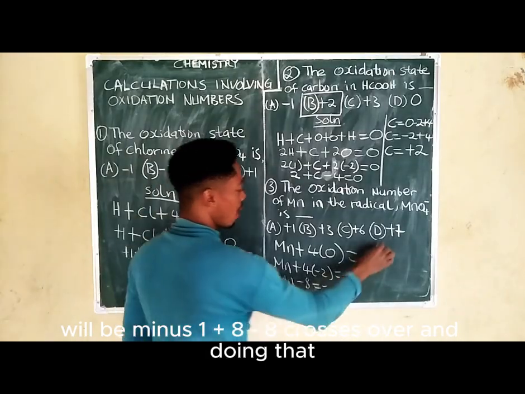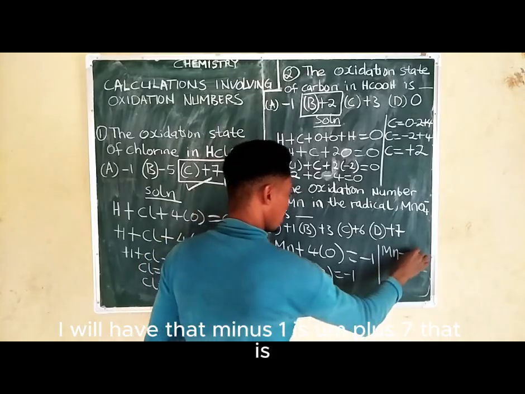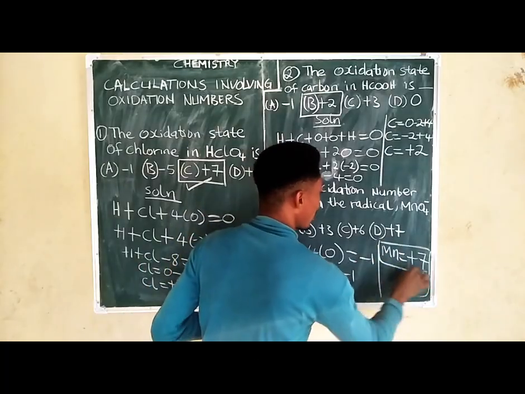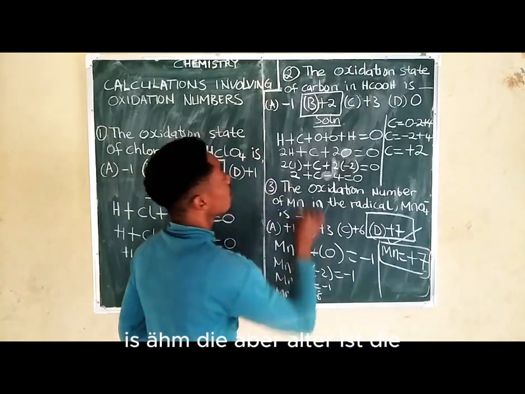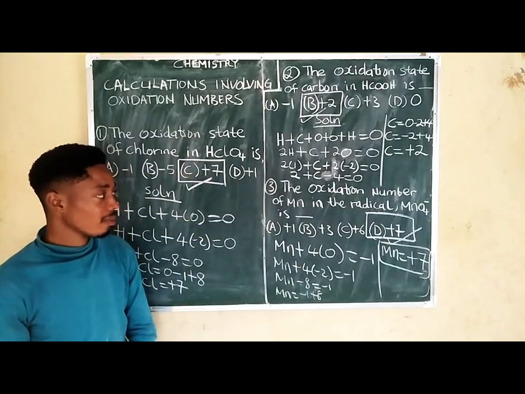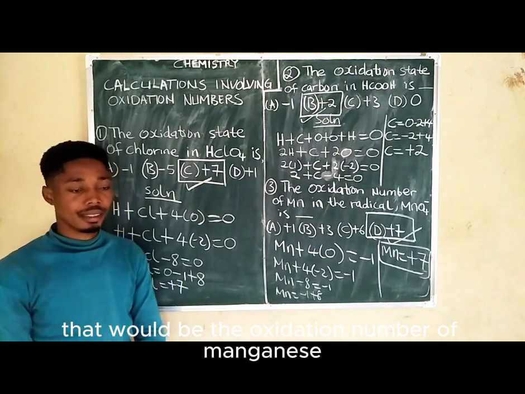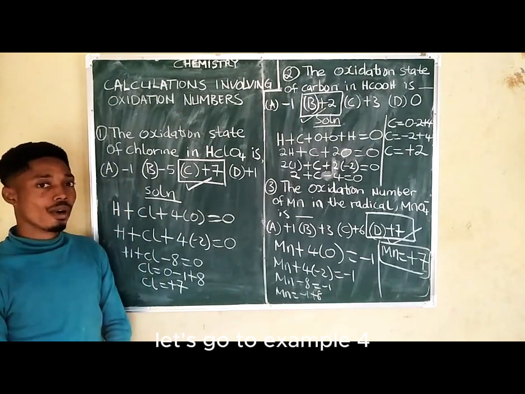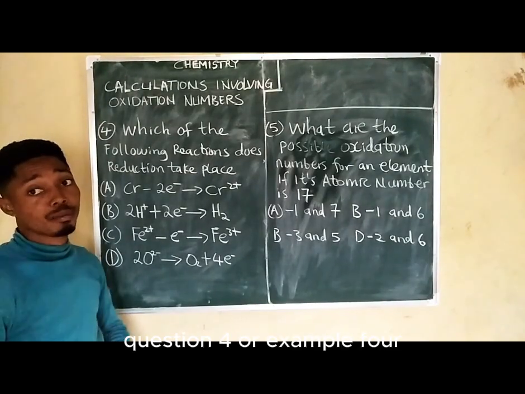Minus 8 crosses over, and doing that, I will have that manganese is plus 7. That is the oxidation number of manganese, and of course, our answer is D. Let's go to example 4.